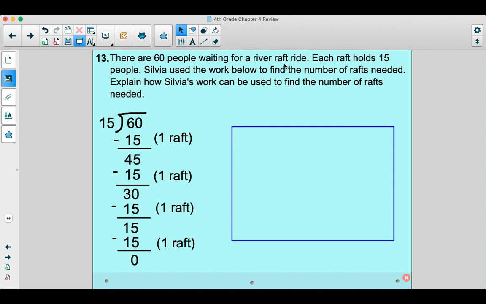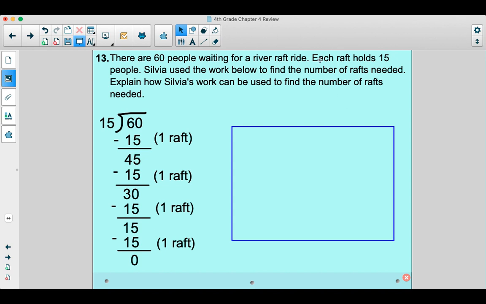Okay, so now let's go back and look again. There are 60 people waiting for a river raft ride. All right, I'm going to be quiet. You read back to yourself. Okay, so now we just have to explain how Sylvia's work could be used to find how many rafts are needed, right?